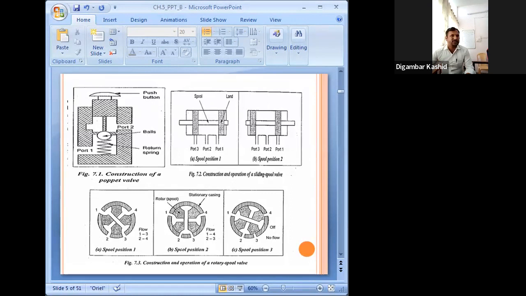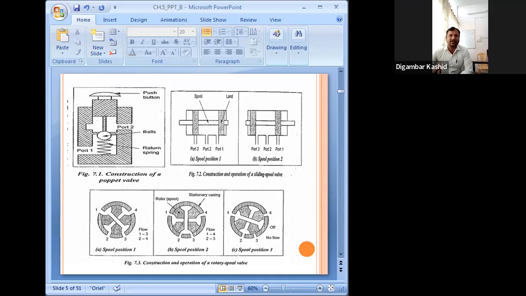When you push the button, then only the fluid will pass from port A to port B. This is called the poppet or seat type valve. Here a ball is normally used, and sometimes a seat is also there. It is called a seat type valve also.